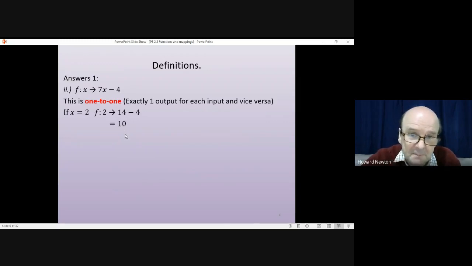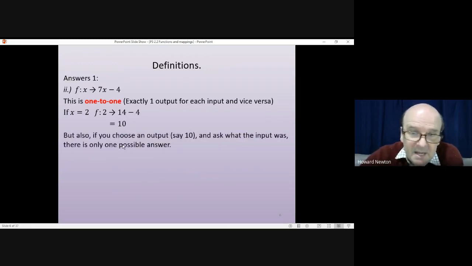The vice versa bit, that means if we chose an output, let's say we chose 10, and we ask what the input was, again, there is only one possible answer. So putting in 10 as the output and finding the input, that is what you would normally do when you're solving a linear equation.